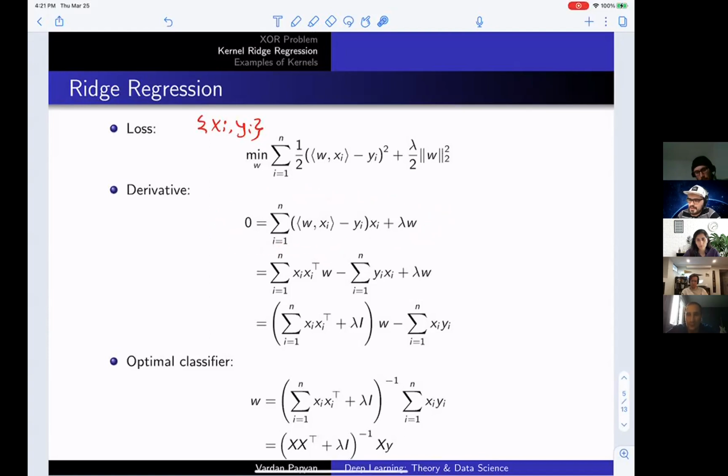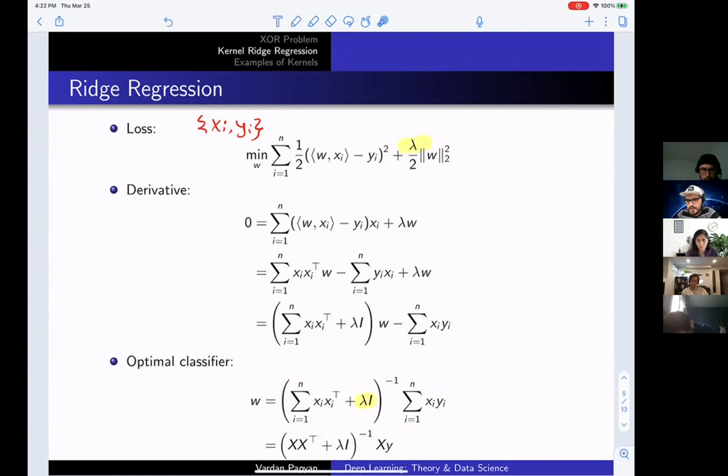Then I'm massaging the expressions until I can obtain a closed form expression, right? So the closed form expression is W is equal to the sum of outer products of your data plus lambda times identity, where this lambda comes from here, and this is inverted, multiplied by the sum over xi times yi.